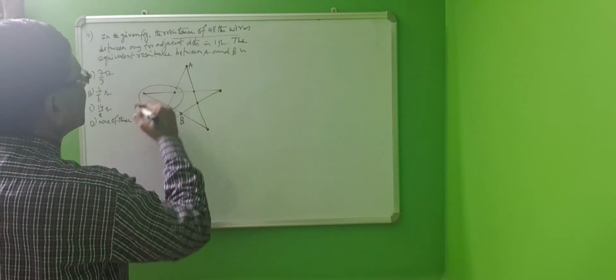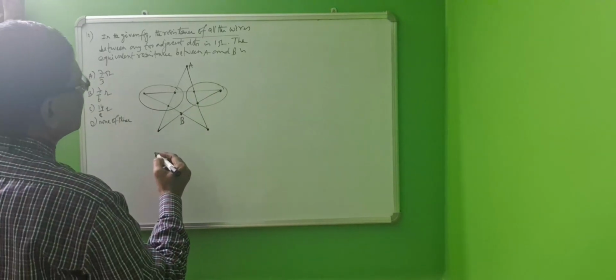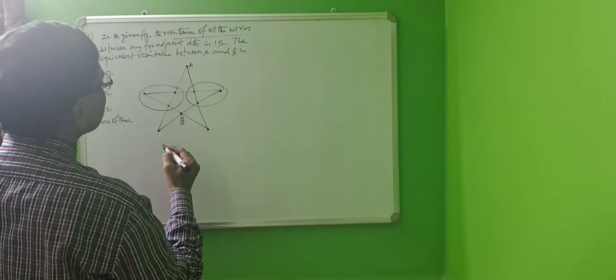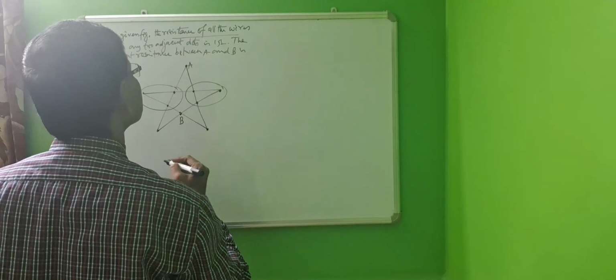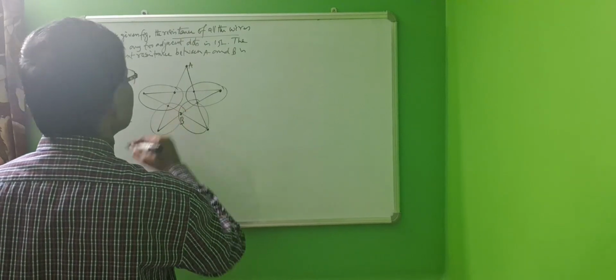Suppose this one and this one are equivalent to us. We get this one and also this one.